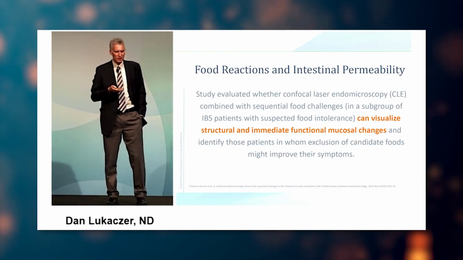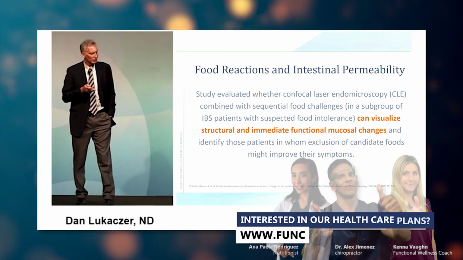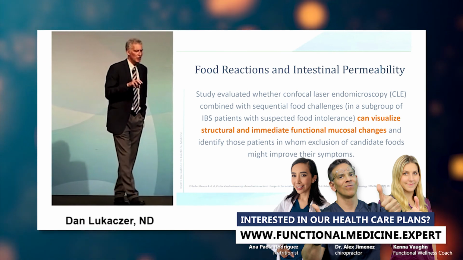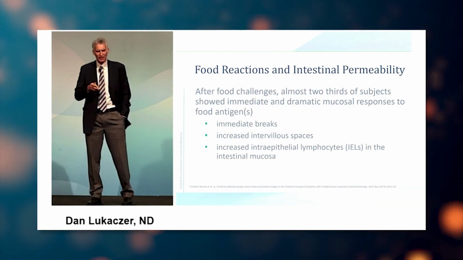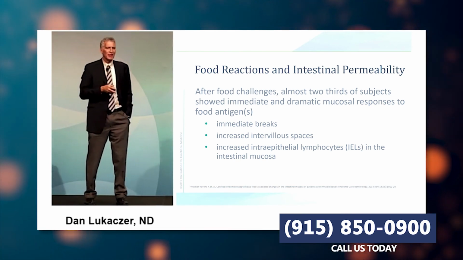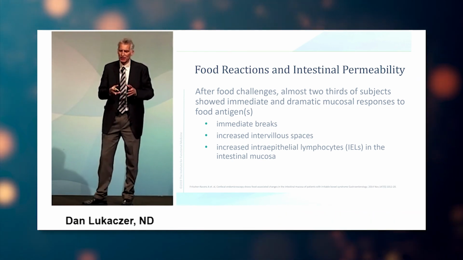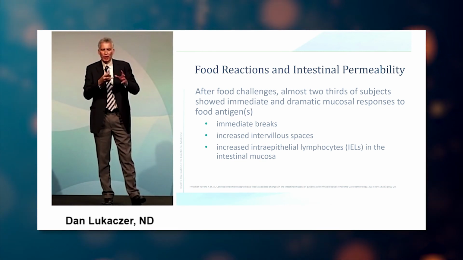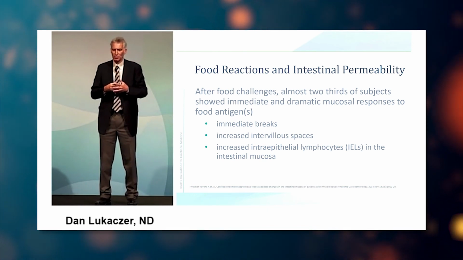This is a more recent study. This was done a couple of years ago. This is what's called confocal laser endomicroscopy, in which they look microscopically and visualize changes in the intestinal wall after a food challenge. What they found in this study were really dramatic changes in the paracellular spaces, the breaks between cells, and so this is essentially showing increased intestinal permeability.